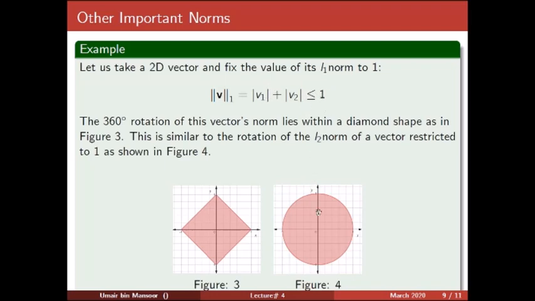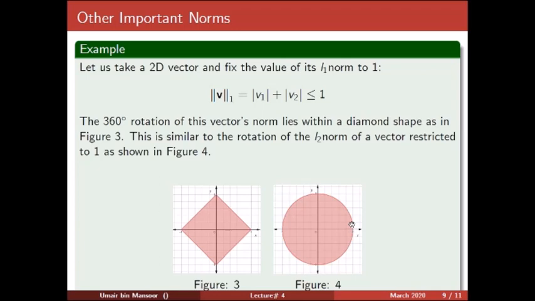So what are we saying? Whenever we square the individual components of a vector and add them, it should be less than or equal to 1. If it's equal to 1, it will be this circle of radius 1.